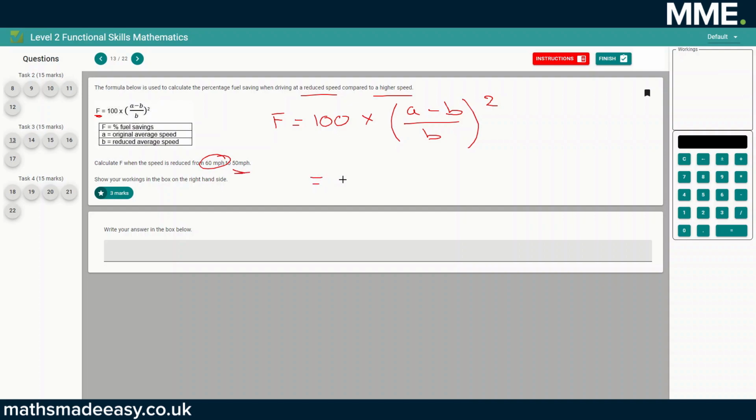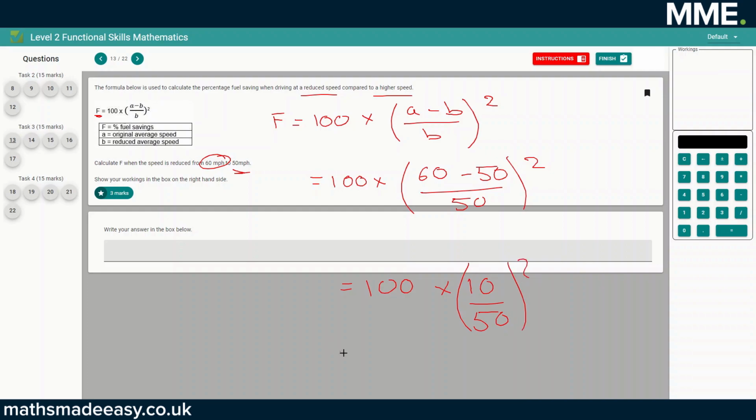So all we have to do for this is plug the numbers into the equation. So A we know is 60, minus 50 over 50 squared. Putting this term into the equation, we can rewrite it more simply as first, so that'll be 10 over 50, that all squared, equals 100 times 1 over 5 squared.